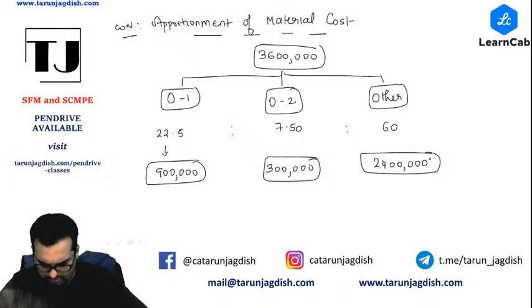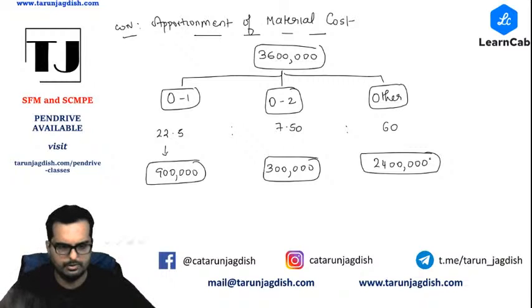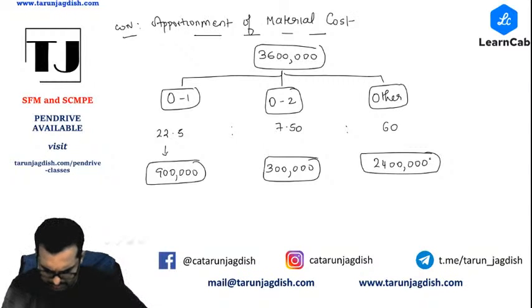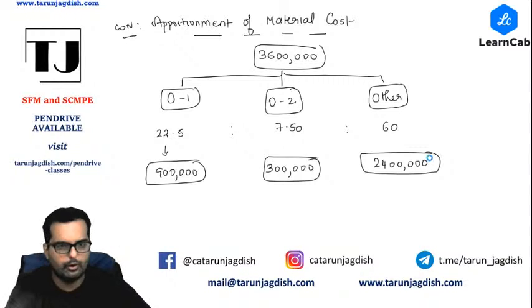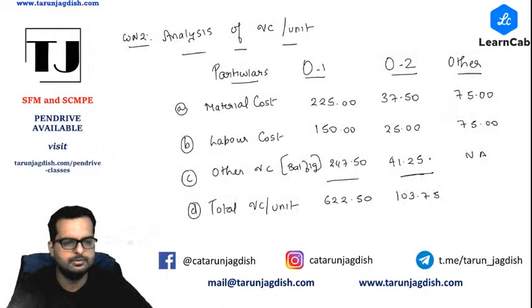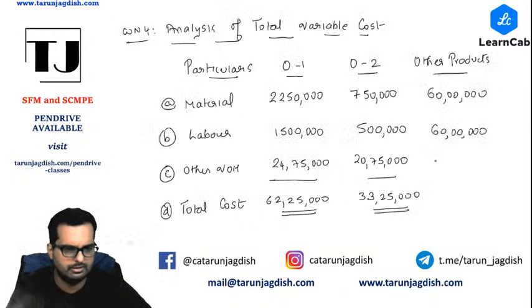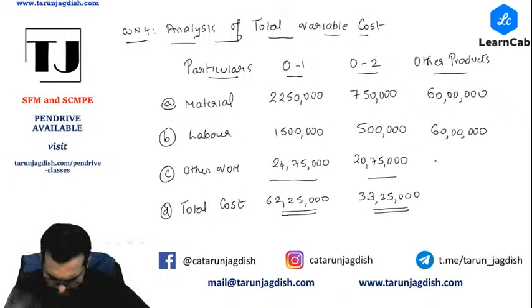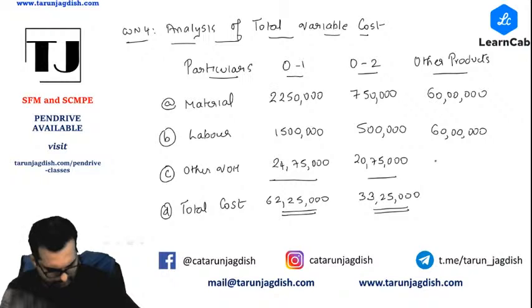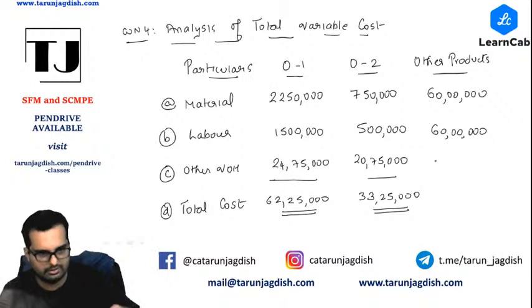Murli, have I made some small mistake? One minute. Raghavan, you say in C it will be 41.25. One minute. In C it will be 41.25 into 20,000. Did I make a mistake when I wrote down the total? So 41.25 into 20,000 is 8,25,000. What you said is right.